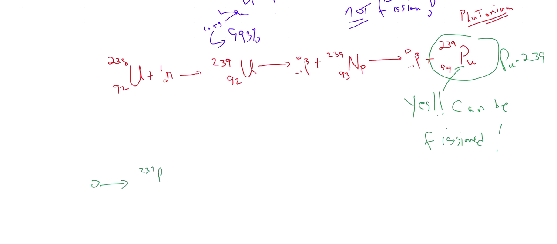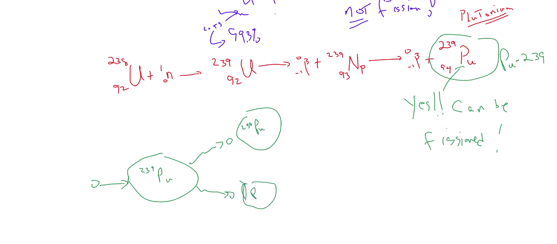It breaks up into other elements, but we don't care. I don't care about the fission products, all I care about is neutrons come off. Same picture. Another plutonium hits another plutonium. Neutrons come off, etc. So exactly our picture for the uranium-235, we now have this picture for plutonium.